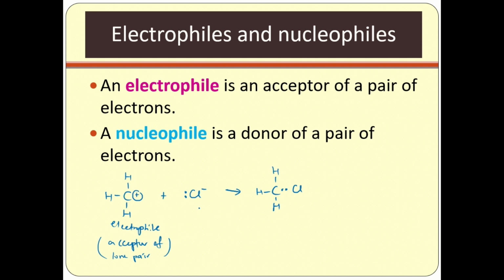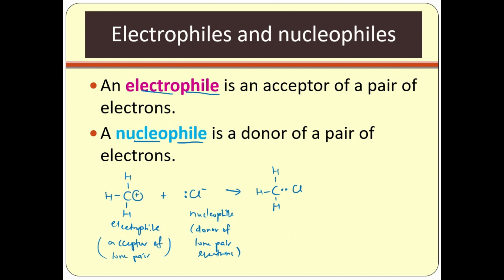The chloride ion is a nucleophile because it is a donor of a pair of electrons. From the word electrophile, we can also see that an electrophile likes electrons and a nucleophile likes nucleus.